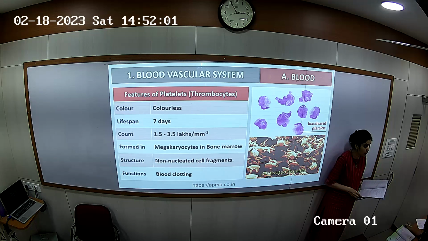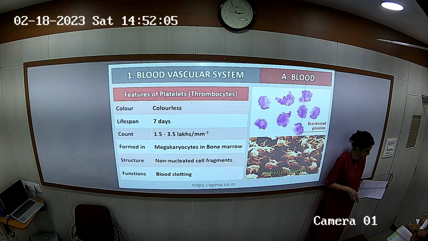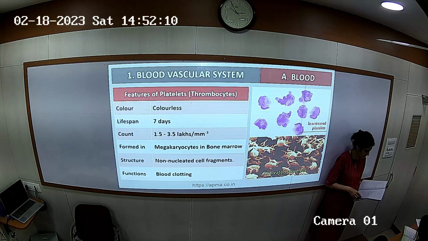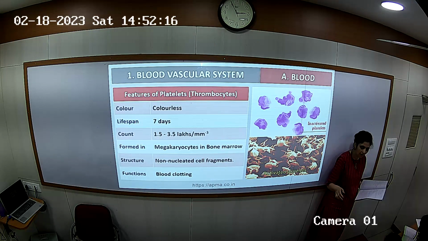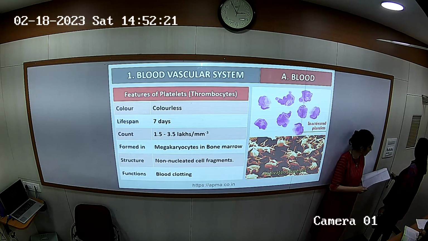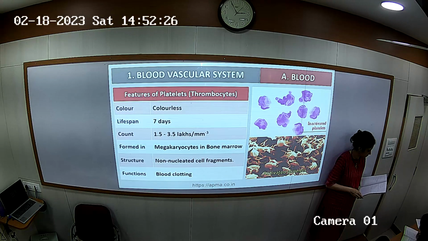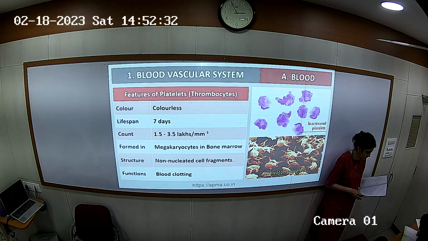Then the shape of the nucleus is one more diagram-based question that they ask. So write the shape over there. Neutrophil is multilobed. Eosinophil is bilobed. Basophil is S-shaped. Monocyte is bean-shaped. And lymphocyte has a large rounded nucleus.